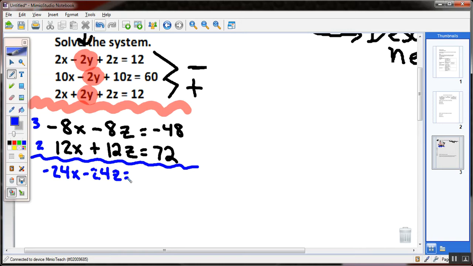Somebody take negative 48 times 3 for me. 144. Negative, right? Okay, and I'm going to double everything down here. This will be 24x. 2 and 12z would be plus 24z. Forgot the x right there, didn't I? And 72 times 2 would be 144.